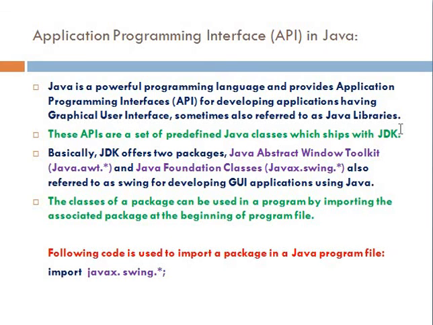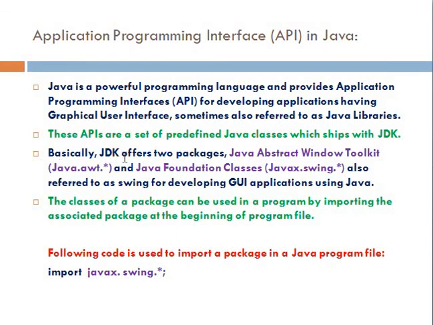So go through chapter 4 in detail if you want to know about the concept of the Java Development Kit. So in this slide I shall be discussing the Java libraries or the APIs, which are a set of predefined Java classes, and these are the classes which come along with the development kit of Java.